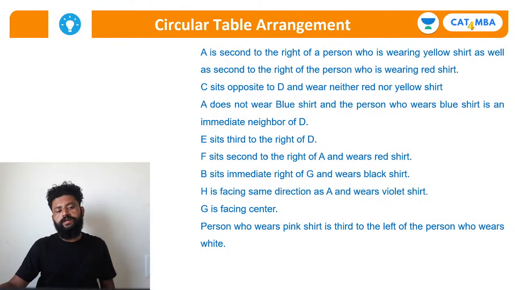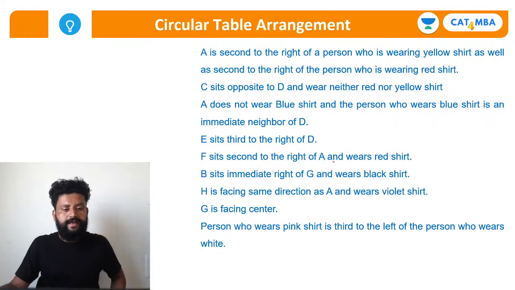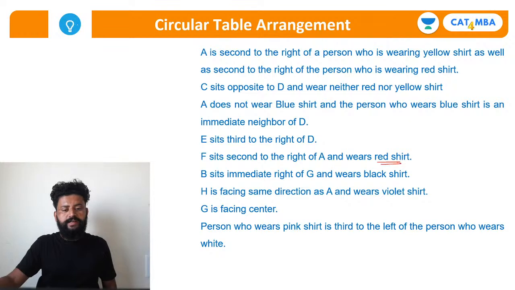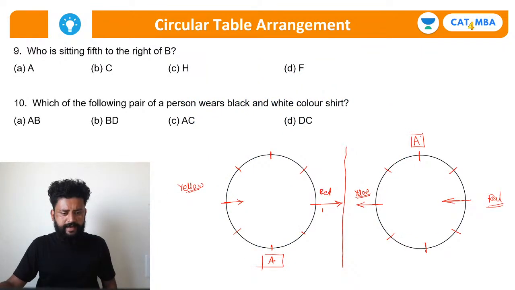E sits third to the right of D, we don't know where D is. Then F sits second to the right of A and wears a red shirt. For sure we know where the red shirt is. Now in this case F must be here. He is second to the right of A, he is facing center.